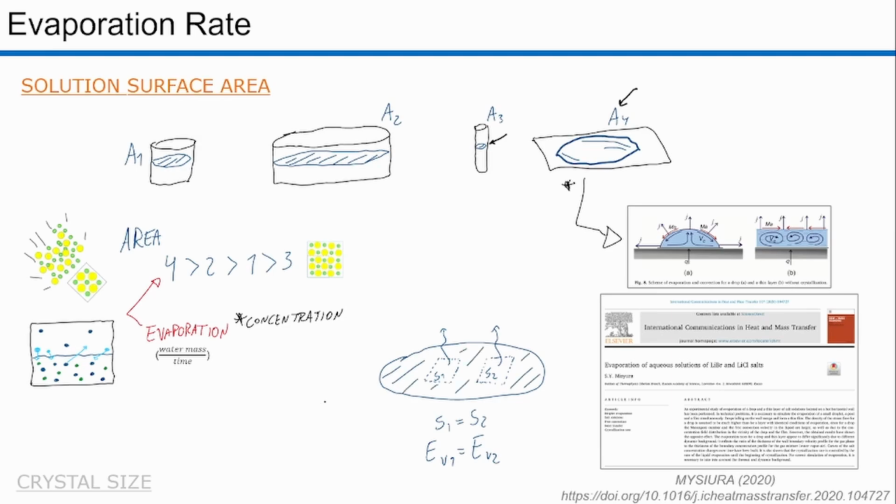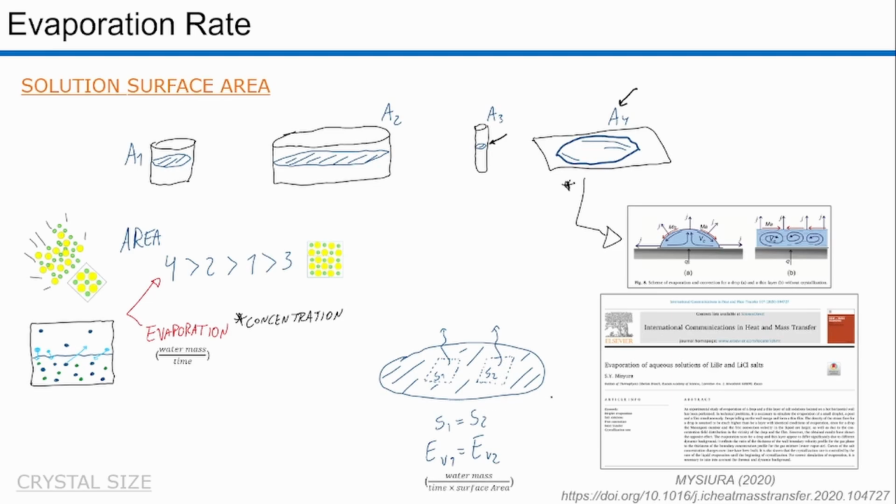But in general, if you consider the other three scenarios where we have a flat surface, we might assume that the amount of water that evaporates from a patch over here, the S1 patch, should be the same amount of water that evaporates from the S2 patch if they have the same surface area.